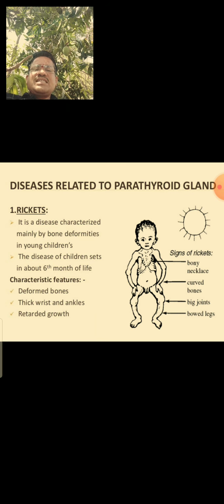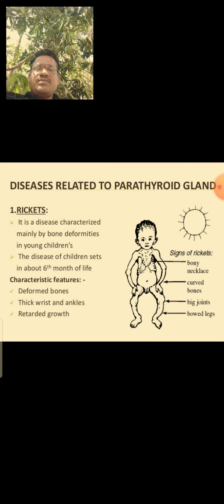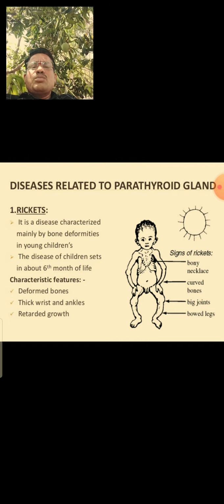The disease of children sets in about the 6th month of life, which is the important thing. Deformed bones, thick wrists and ankles, and retarded growth. Growth is very slow due to abnormalities of this hormone.